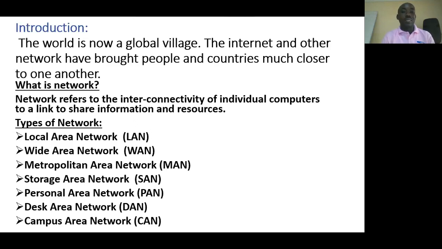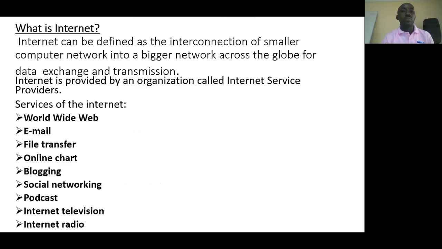The third one is metropolitan area network. The fourth one is storage area network. The fifth one is personal area network. The sixth one is desk area network. And the seventh one is campus area network.